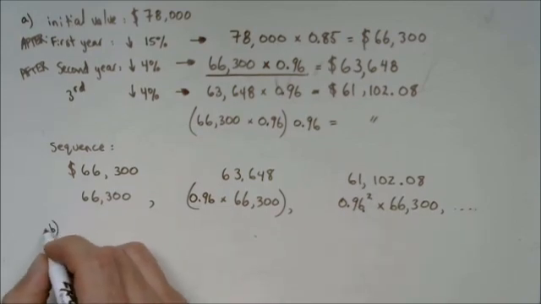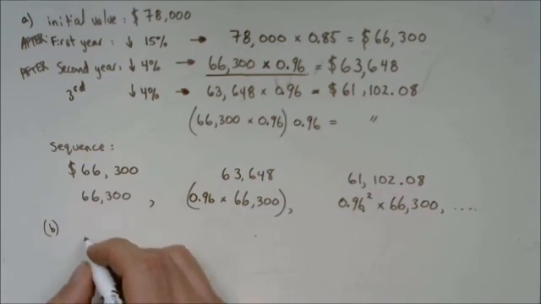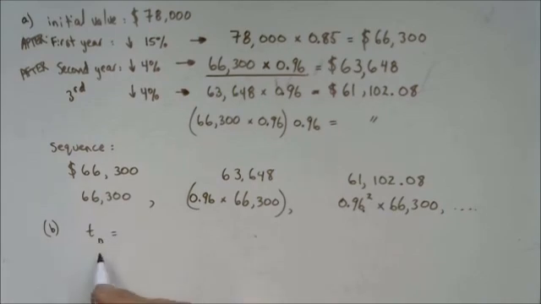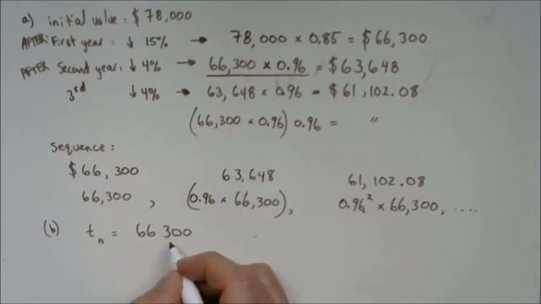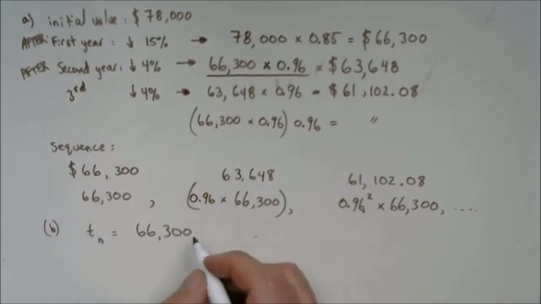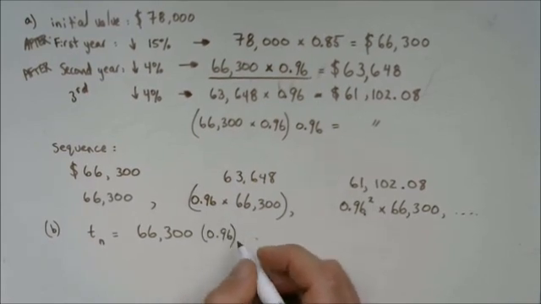So B, we can easily come up with an explicit value of the car at the end of year n for any value of n, taking our original value, which is our first term, and we're going to multiply it by 0.96.